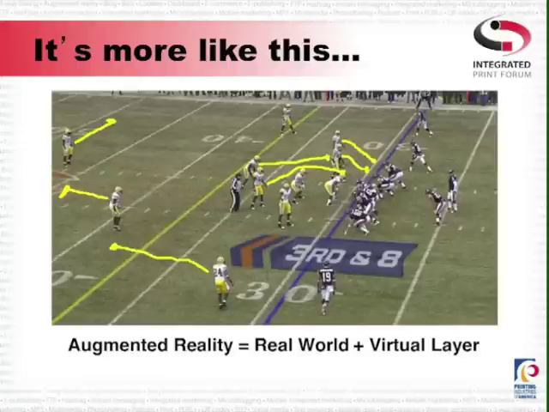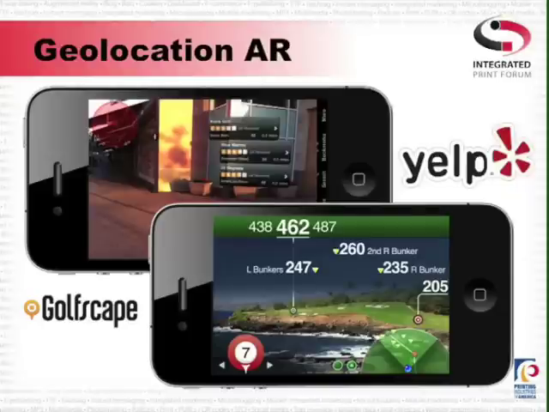Okay, so there's 2 types of augmented reality. So just so we're clear. One type of augmented reality is called geolocation augmented reality. Are you guys familiar with Yelp? You guys use Yelp? Okay, I use it all the time to find restaurants. And Yelp has this thing, it's called a monocle feature.